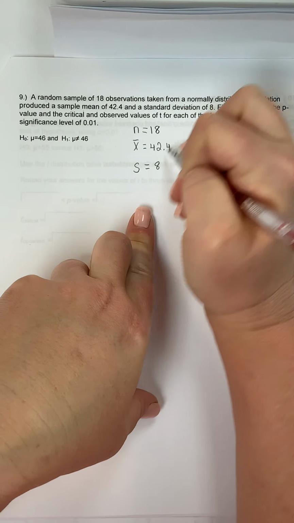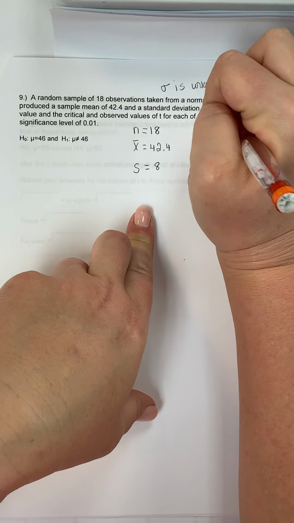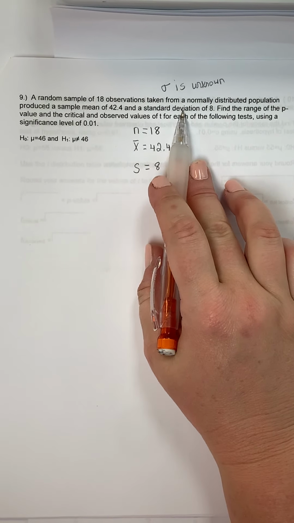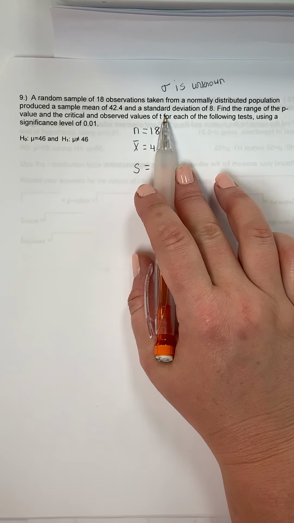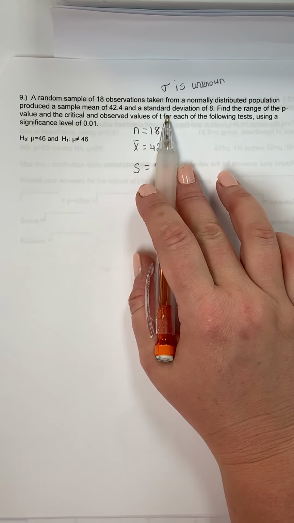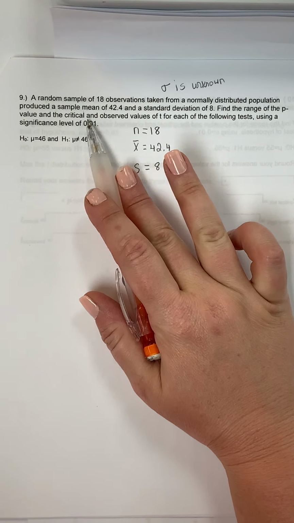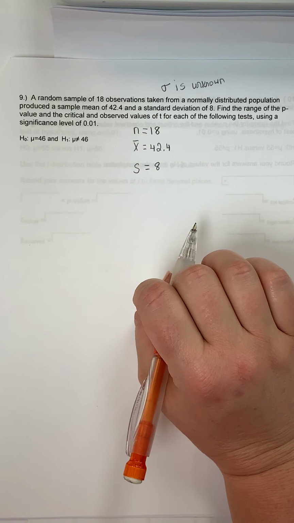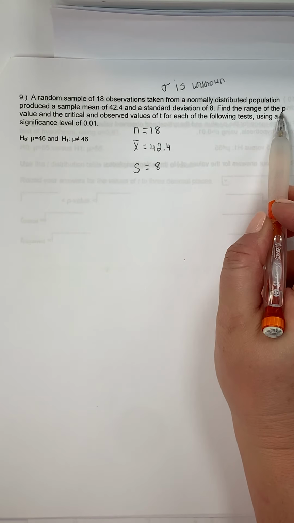That's S. So again, sigma is unknown. You have to make sure that you understand that you can have a sample standard deviation and a population standard deviation. So if we're talking about the sample mean, then the standard deviation is also going to be the sample, okay? All right, find the range of the p-value.